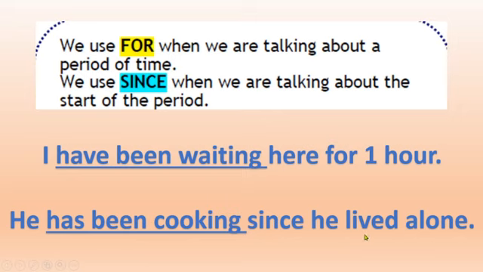Okay, that's why we use since. It's not a specific time because I don't know how many years he lived alone. Okay, I don't know, so we have to use since because it's a moment, and I use for in the first one because I know how many hours he has been waiting.